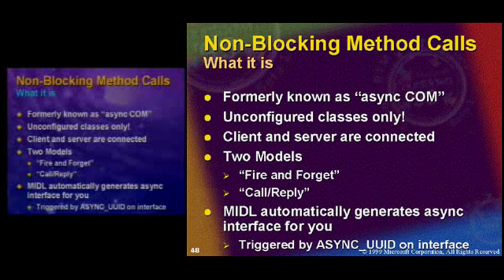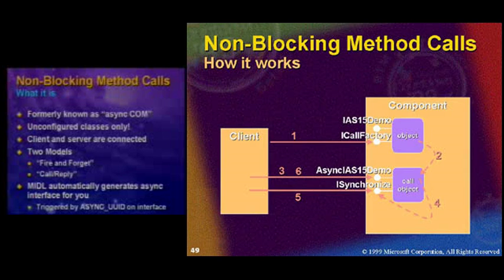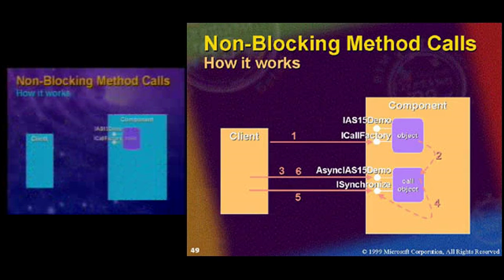The Begin method takes all the in parameters, and the Finish method gets all of the out parameters. That gives you a way to get the out parameters back. Okay, now we're going to describe how this works for the case where both the client and the component support non-blocking calls. We're not going to worry about marshalling at all. We're just going to show what happens for the non-blocking call case.